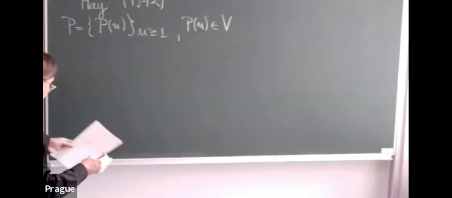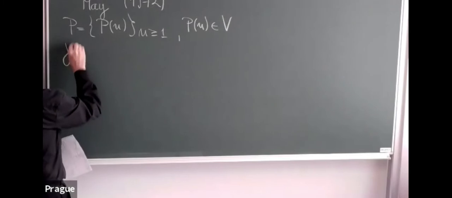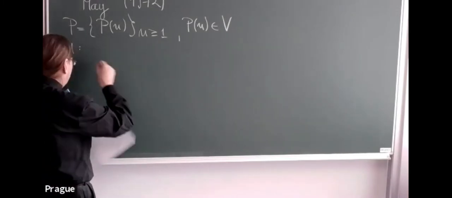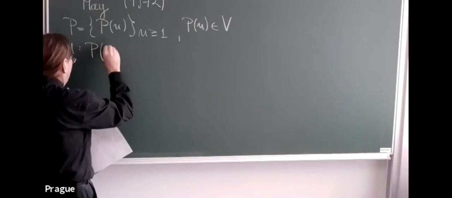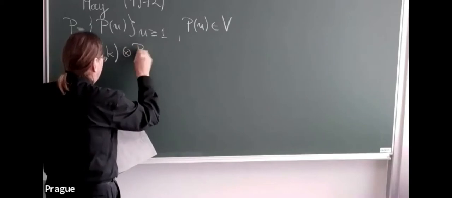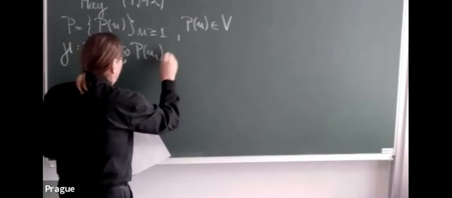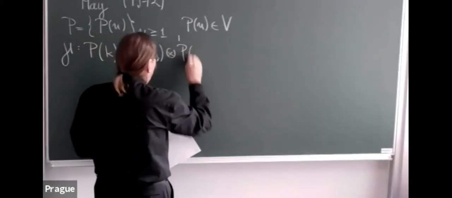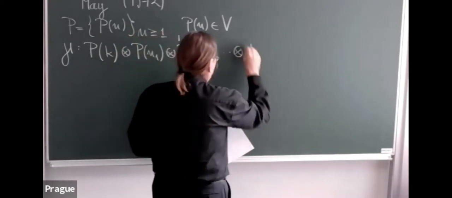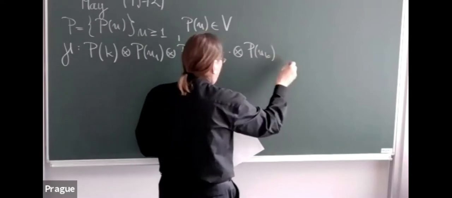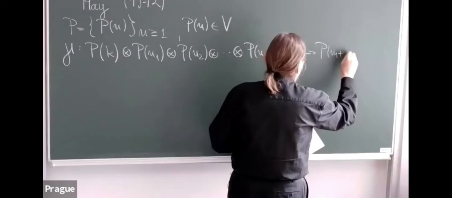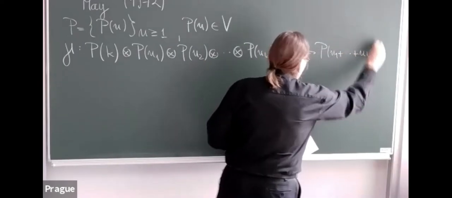And what was important was that the structure operations of such an operad were maps that went like this: P_{n1} times P_{n2} times ... times P_{nk} into P_{n1+...+nk}.